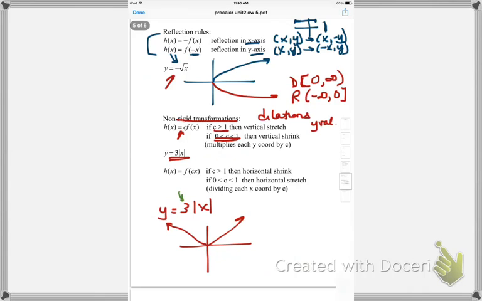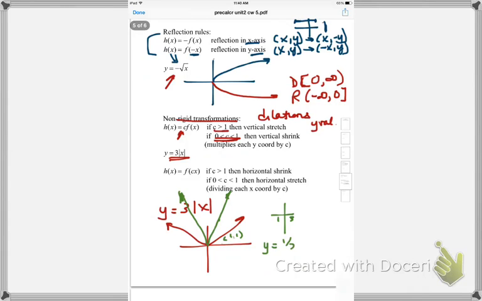If you have this point on your original, and this point was 1, 1, by multiplying it by 3, the x stays the same, but the y will go to 3. So this point will now be up here. So this is making this stretch in your function. This is called a vertical stretch.